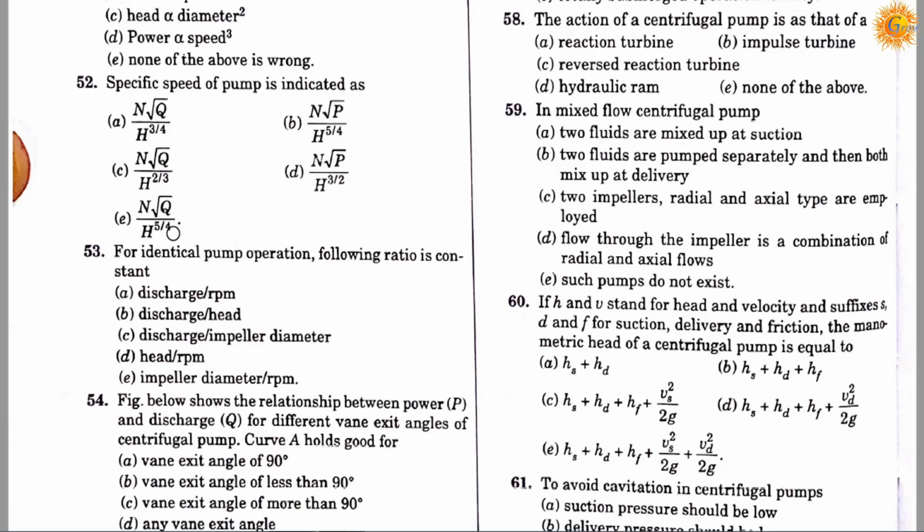So correct answer is A, specific speed of pump is indicated N under root Q divided by H power 3 by 4.